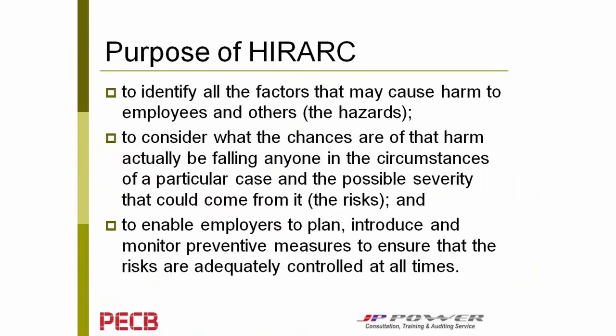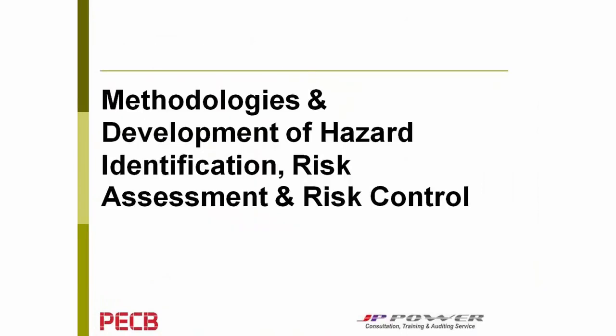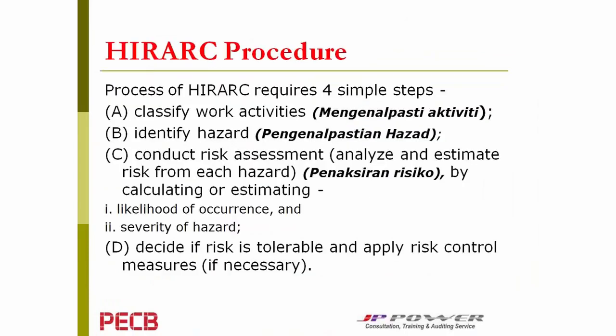Now, ladies and gentlemen, let's look at the next slides. We will be talking about the methodologies and the development of hazard identification, risk assessment, and risk control. Basically, there are four simple steps to begin. We will begin by classifying the types of work activities that we have in the organization.